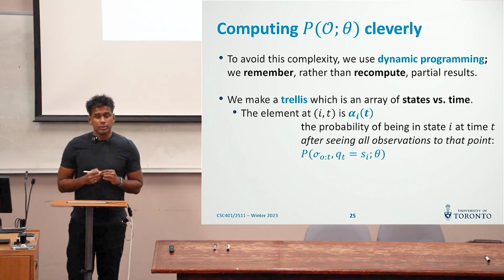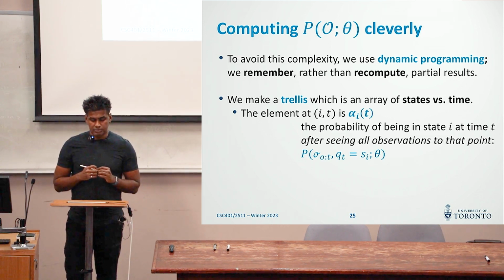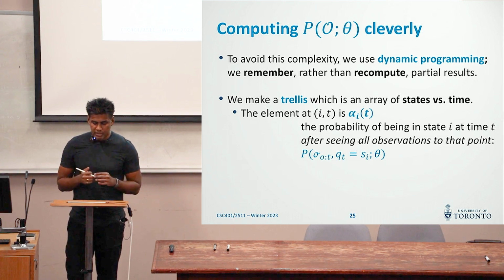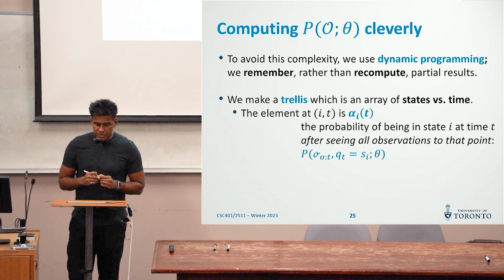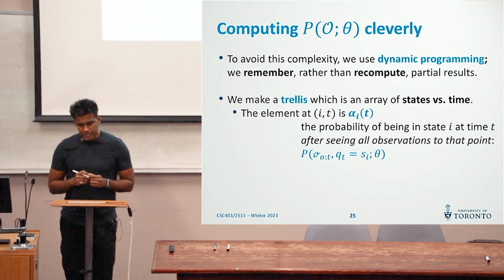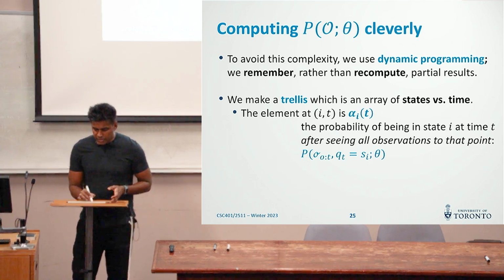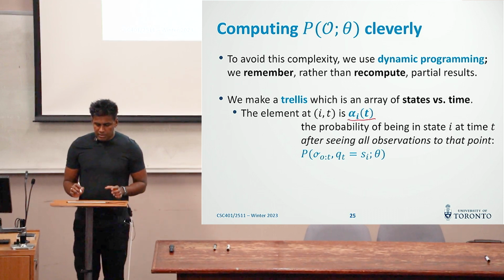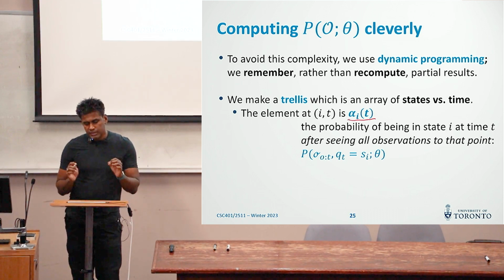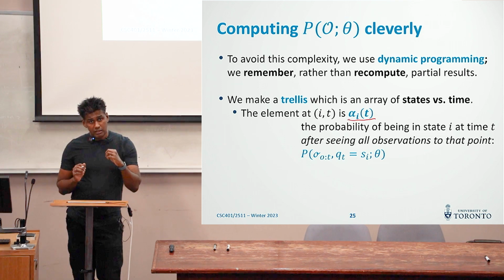In order to do that, we'll be looking at a 2D matrix, or trellis, with our states and time. Each element at (i, t): remember that we'll be using phi_i(t), which means the probability of being in state i at time t, after seeing all the observations up until that point.